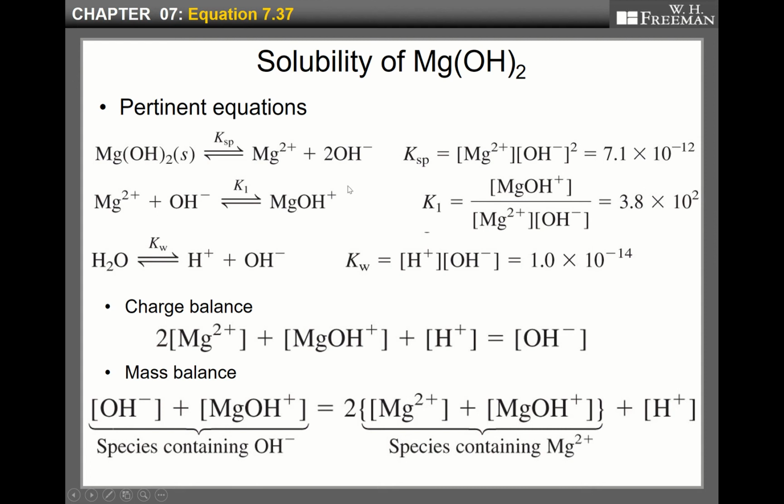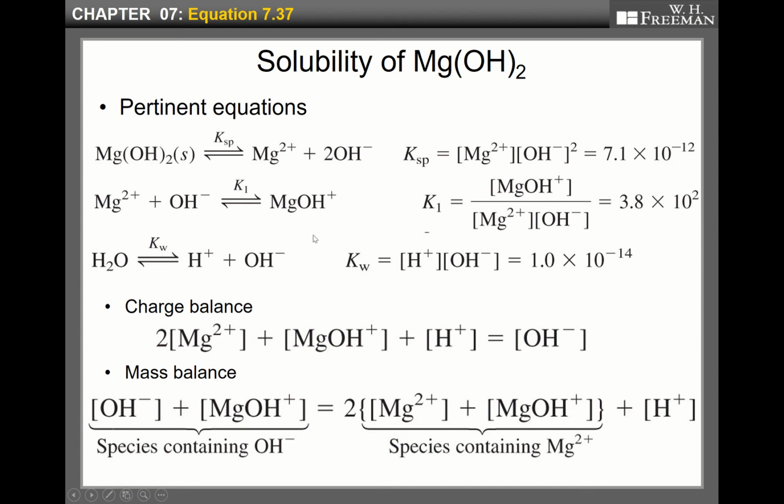Another pertinent equation is the reaction between magnesium ion and hydroxide to give rise to magnesium monohydroxide. The equilibrium constant K1 is given by this equation, and it is quite a large value, 3.8 times 10 to 2. So we cannot ignore the second equation.